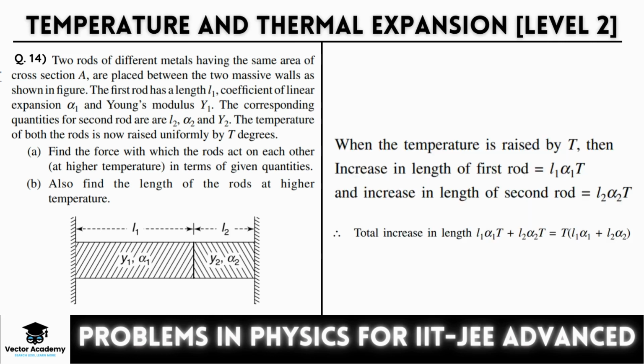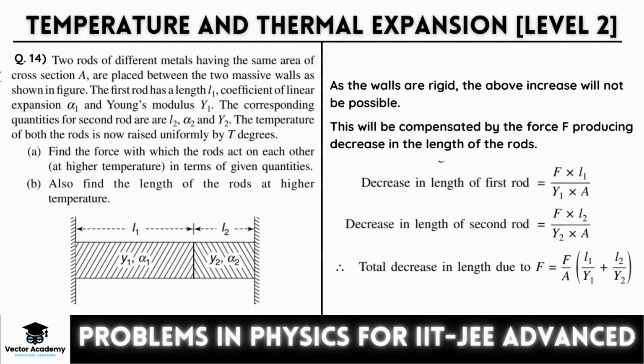When the temperature is raised by T, then increase in length of first rod equals L1 alpha 1 T. An increase in length of second rod equals L2 alpha 2 T. Therefore, total increase in length equals L1 alpha 1 T plus L2 alpha 2 T, which can be written as T into L1 alpha 1 plus L2 alpha 2.